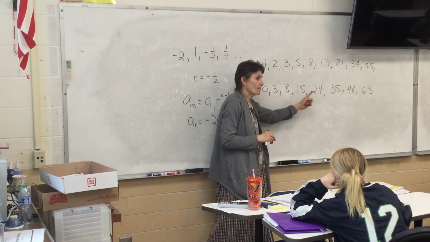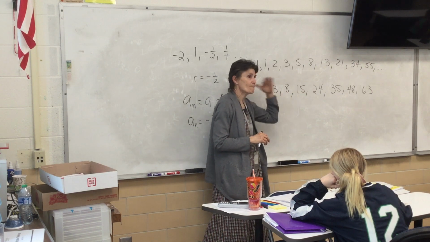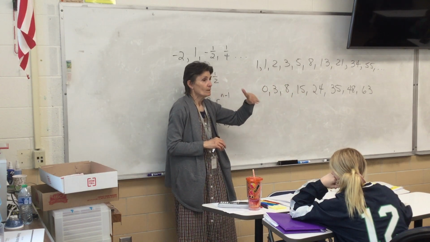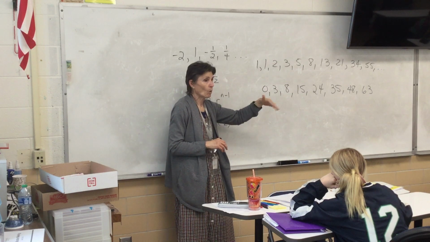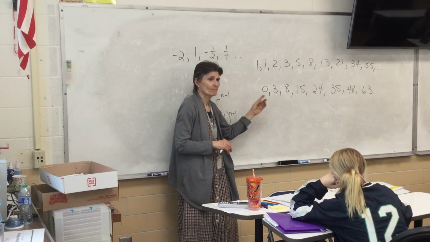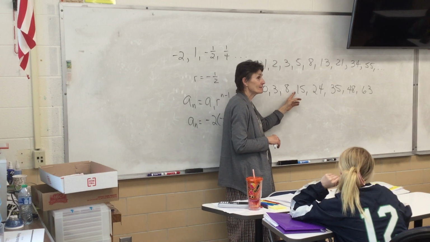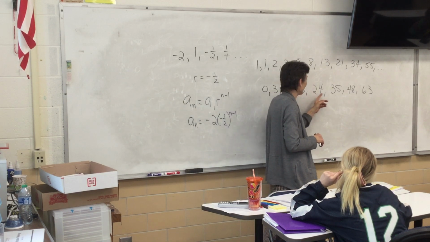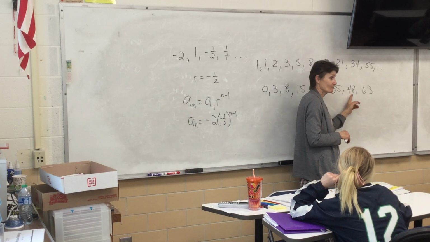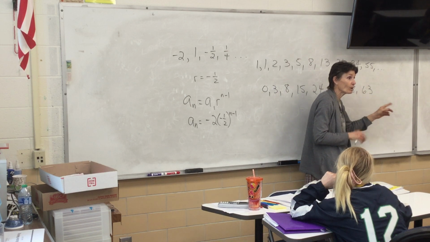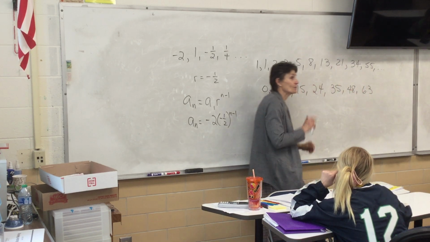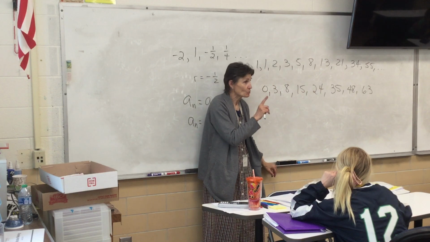Add 1 to all these numbers. Every single one of these numbers, just mentally add 1 to them. What do you notice when you add 1 to all those numbers? What do you get? You get 1, 4, 9, 16, 25, 36, 49, 64. You get the squares.